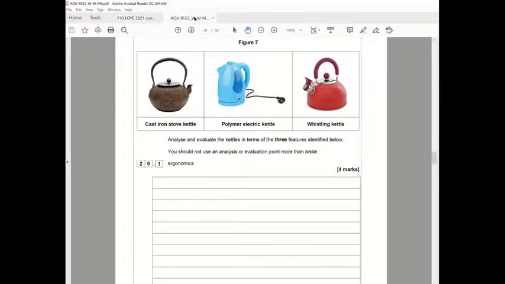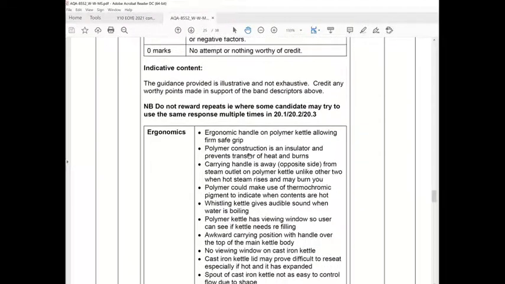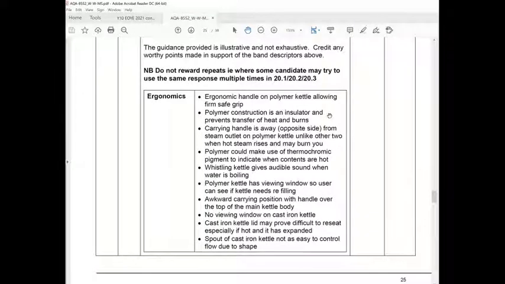So let's have a look at the answers on this. So ergonomics: handle allowing for firm, safe grip, polymer construction is an insulator. Carrying handle is on the opposite side from the steam. Okay, so you're carrying it away from your body. Polymer could make use of thermochromic pigment, so it could indicate when the contents are hot.